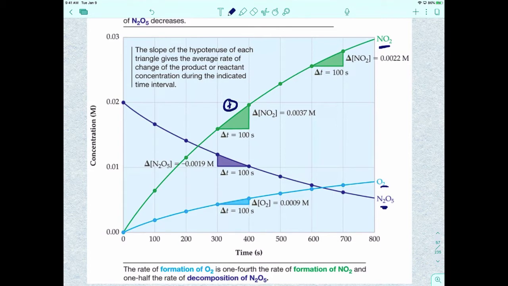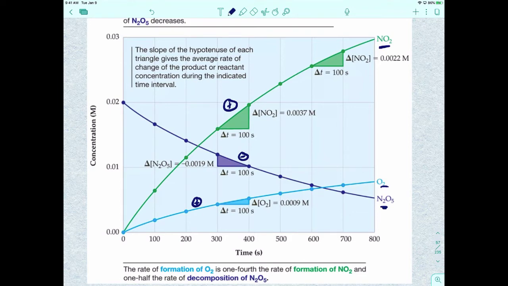N2O5, since it's starting from a concentration of 0.02 and ending at a concentration that's under 0.01, the slope of that line should be negative. Okay, and if we look at O2, we start from 0 and we end up a little bit higher than N2O5, so that slope should also be positive as well.